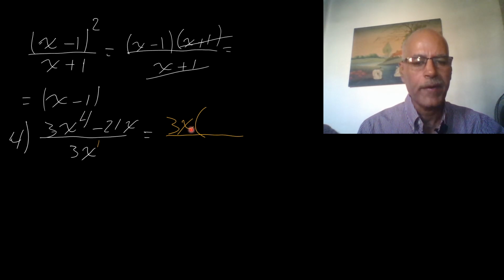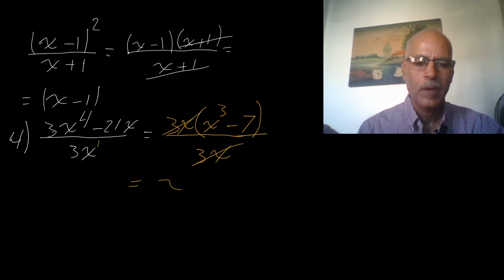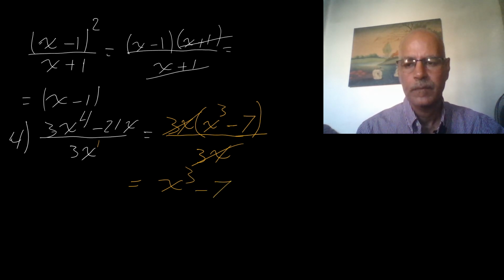X power 4 over x, it's x power 3. Minus 21 over 3, it's 7. X over x, it's 1. 7 over 3x. Cancel 3x with 3x. So it's equal x cubed minus 7. It's finished. Let's move on.